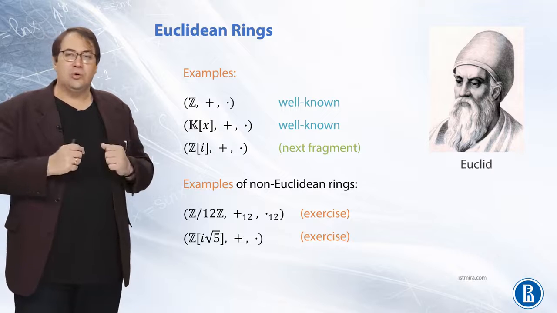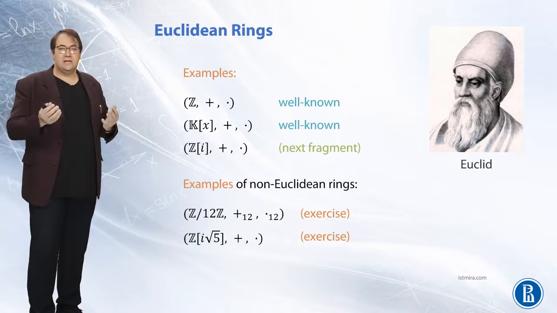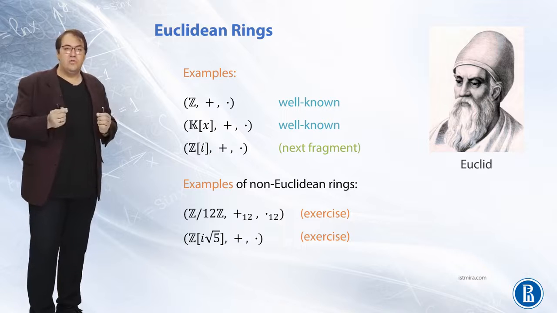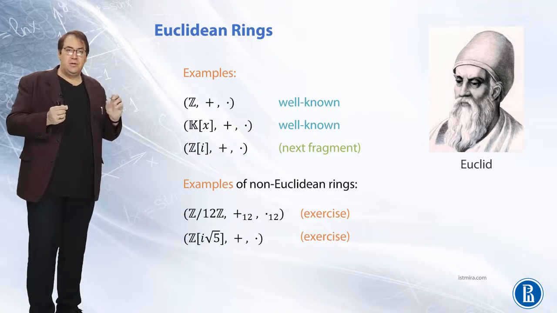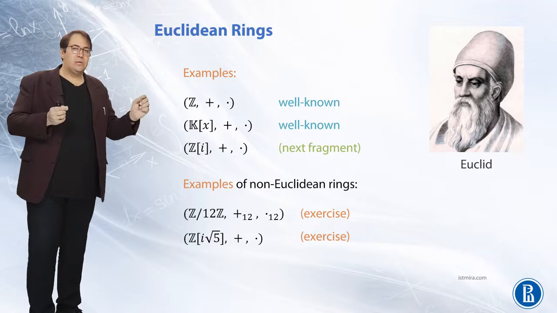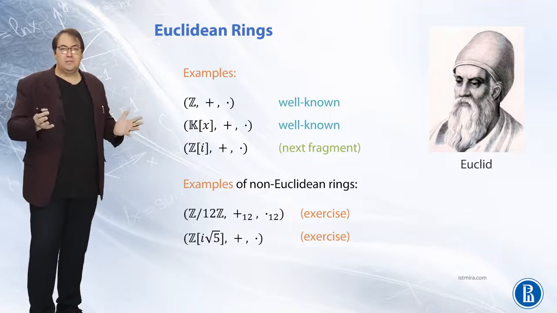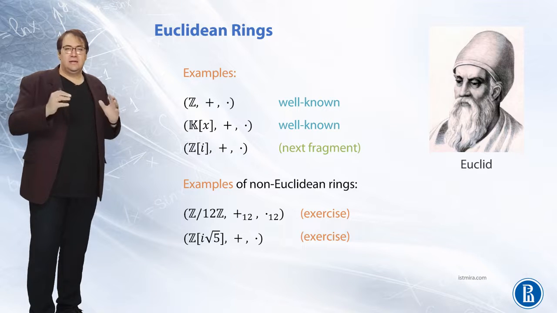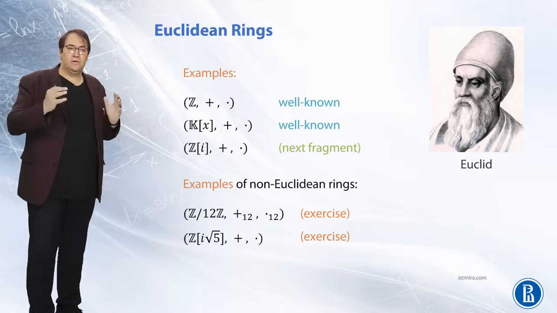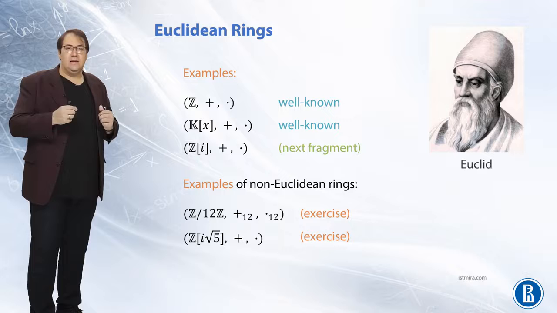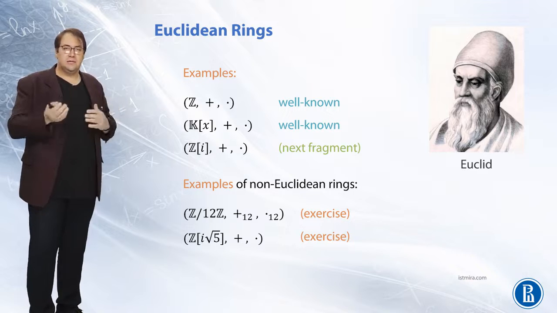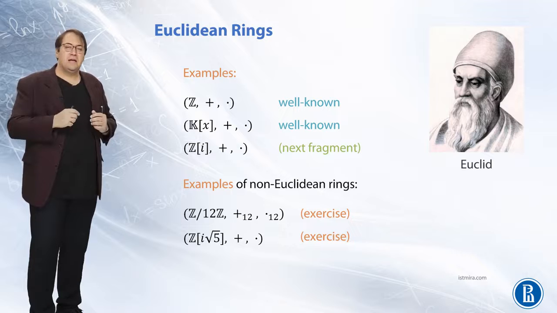And another non-Euclidean ring, the ring of complex numbers of the form integer plus integer multiplied by i square root of 5. The standard notation for such a ring is Z of i square root of 5, with the standard operations of sum and multiplication.